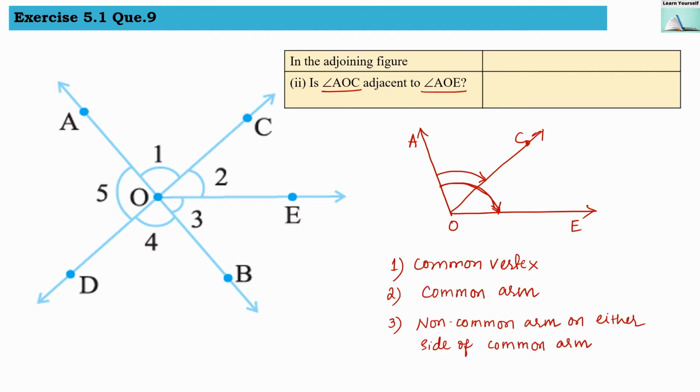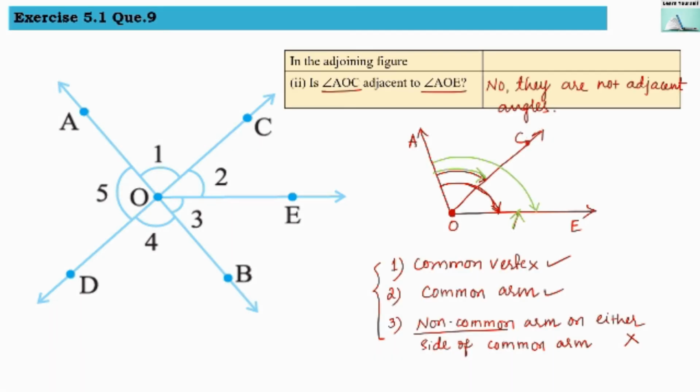If these three conditions are fulfilled by these two angles, then they are said to be adjacent. Common vertex. Yes, they do have a common vertex here, that is O. So this condition is fulfilled. Common arm. Yes, they do have a common arm, that is OC, in between them, but they don't have non-common arms on either side of the common arm.